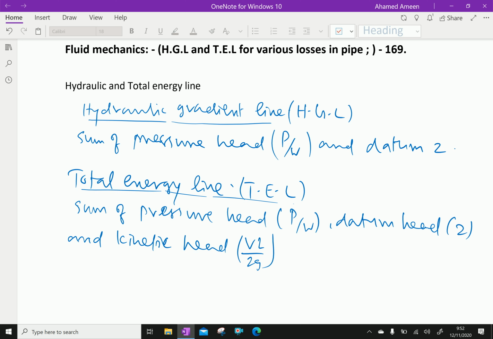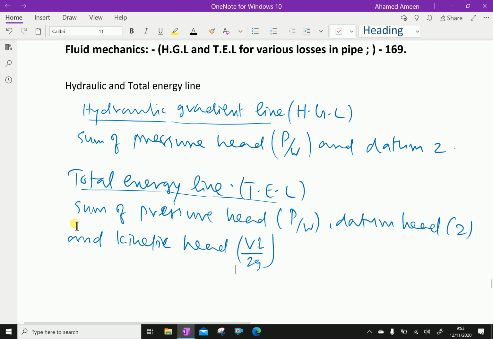Altogether this is known as the total energy line. Now we will discuss these energy lines with an example problem so we can understand clearly.